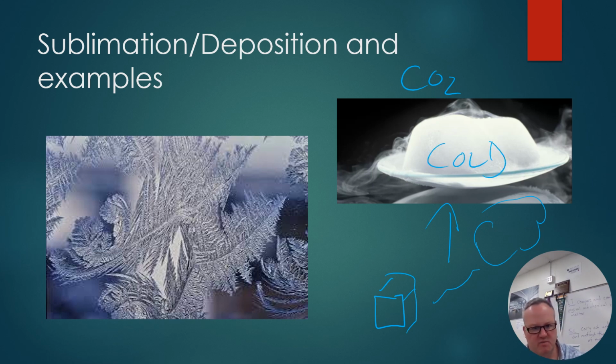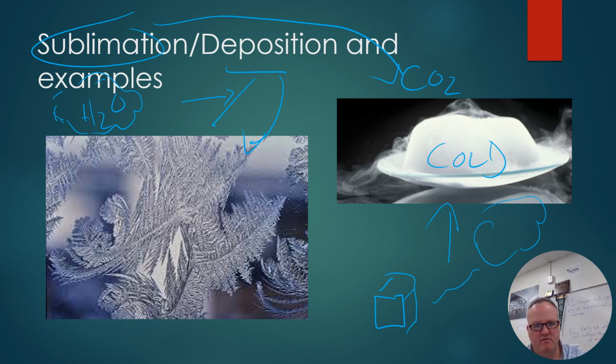And then, speaking of something else that's cold, you can also have that water vapor that's in the air around you on a, let's say, cold night, right? And it gets so cold that water vapor freezes on your car's windshield and becomes a solid. And that's another example of deposition. So we have sublimation and we have deposition down here.